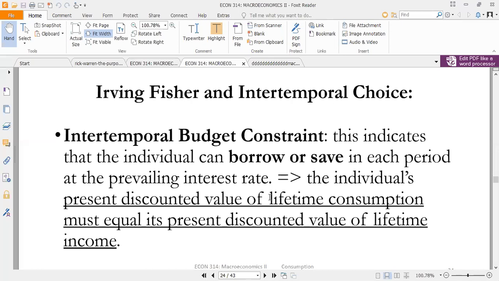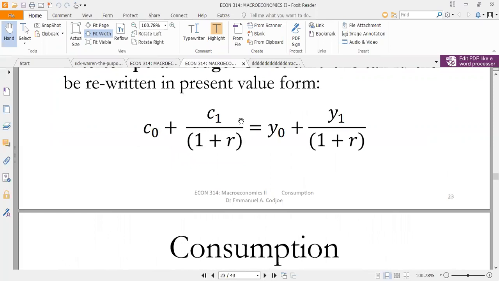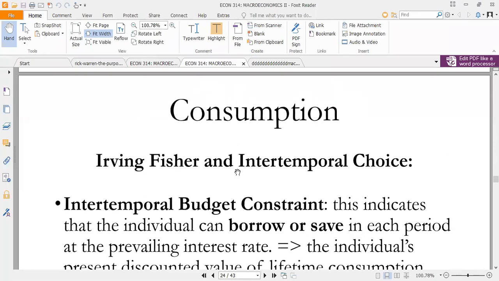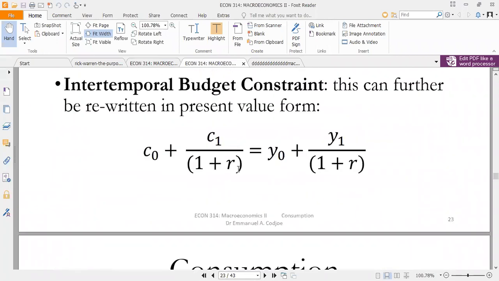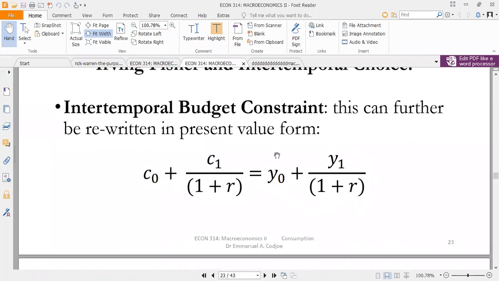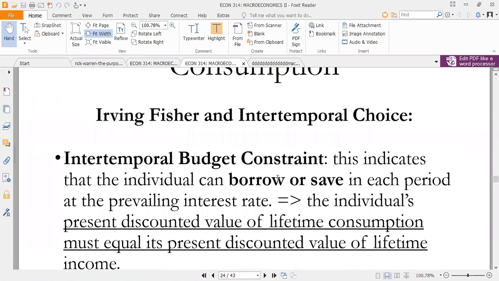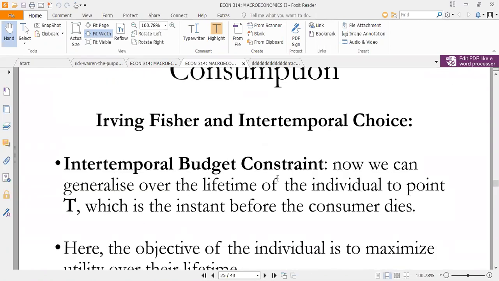Okay. So based on the intertemporal budget constraint, the individual's present discounted value of lifetime consumption, that is this part, should be exactly equal to the present discounted value of lifetime income, which is this part. I hope you understand. Okay.